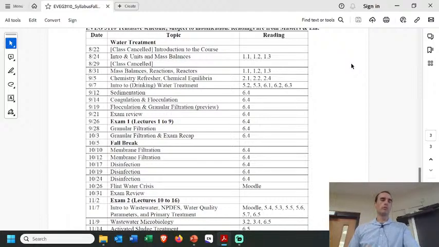We'll work through that. But I was also taking a look at our syllabus, and I've posted a revised one because we've actually made better time than I intended. So we've already covered pretty much sedimentation and coagulation by now, and we're even just starting to talk about flocculation last time.